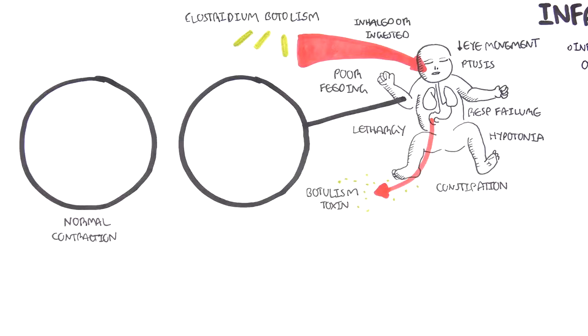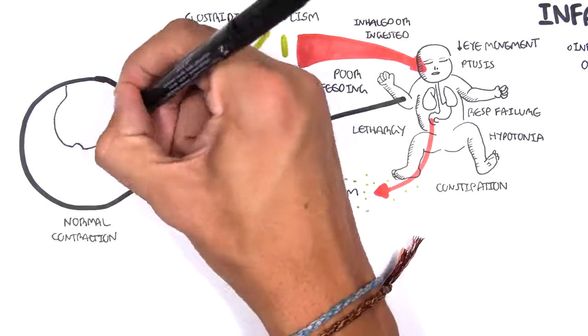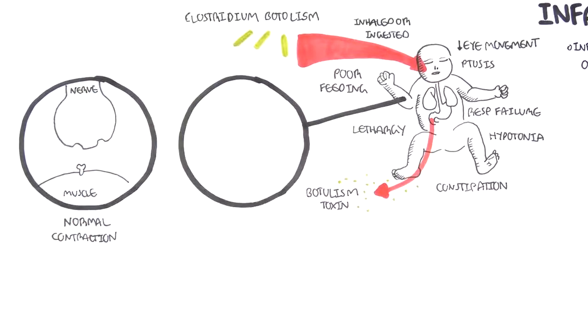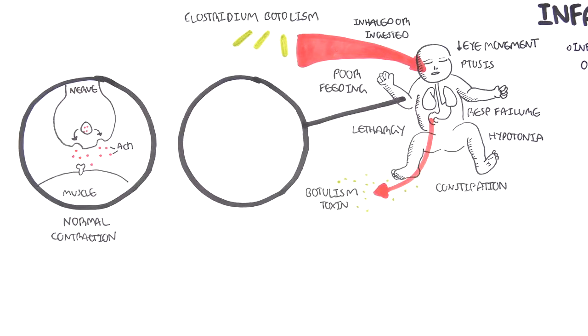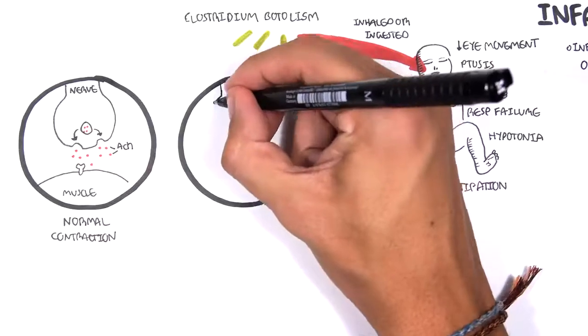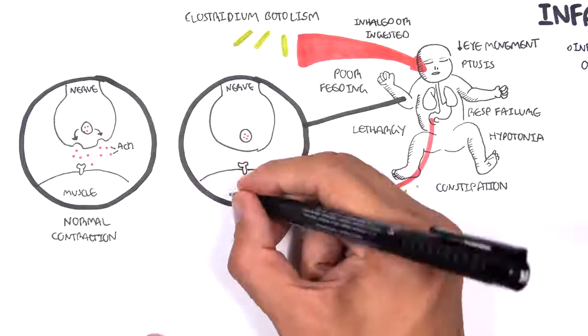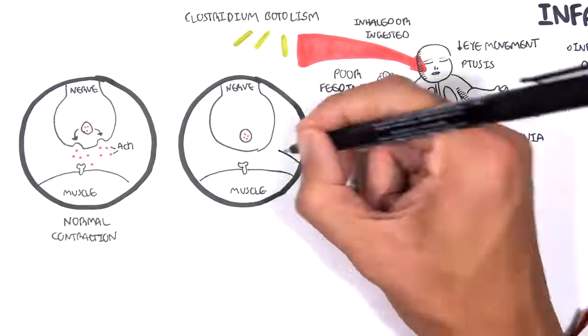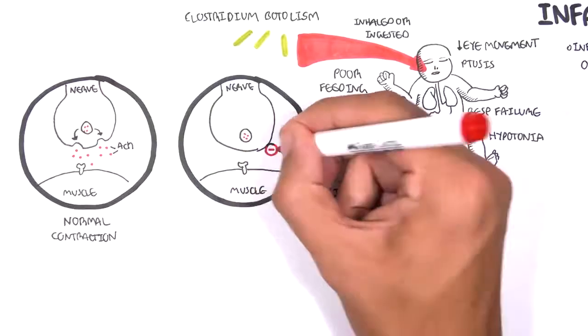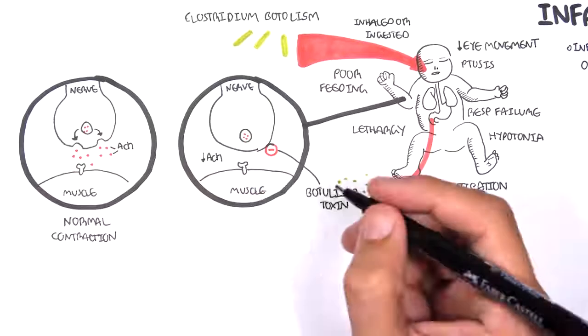So when a muscle normally contracts, the nerves that supply the muscle release a neurotransmitter called acetylcholine in the synaptic cleft. The acetylcholine will then bind onto receptors on the muscle cells, causing the muscle to contract. In infant botulism, the nerve is unable to release acetylcholine because the botulinum toxin inhibits acetylcholine release from the nerve cells.